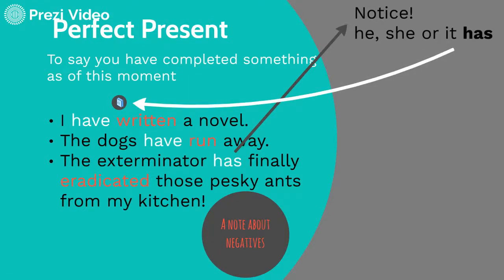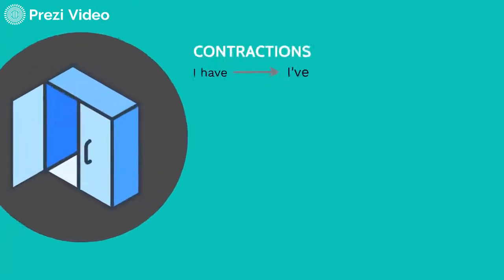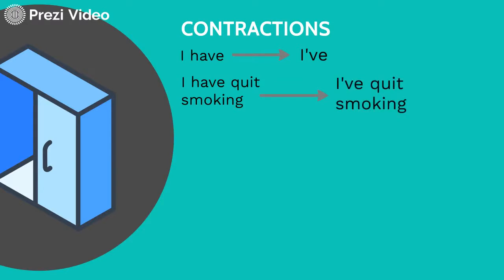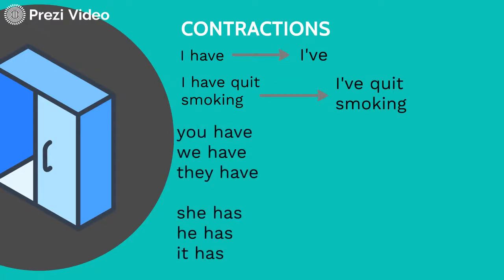And now let's take a moment and look at this cabinet. Inside we have contractions. So I have, when you smush those two words together, you've got I've. For example, I have quit smoking. A less formal way to say that would be to say I've quit smoking. There's also you have, we have, they have, and then she has, he has, and it has.